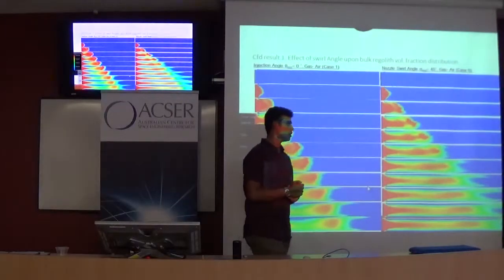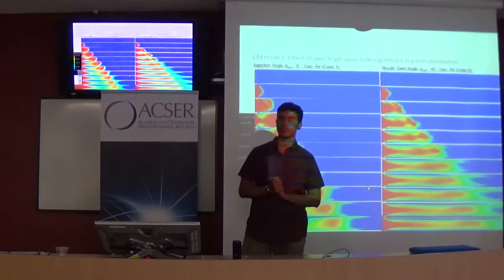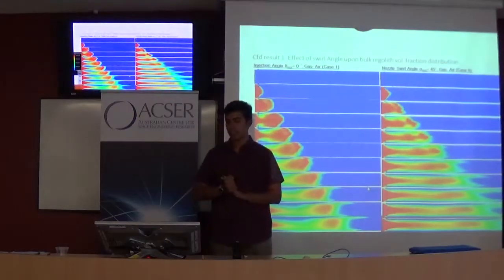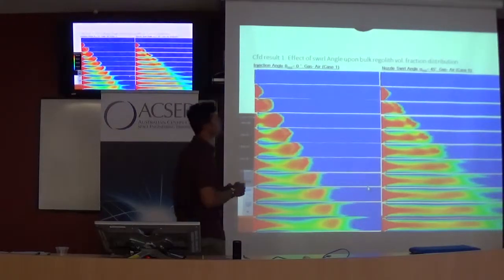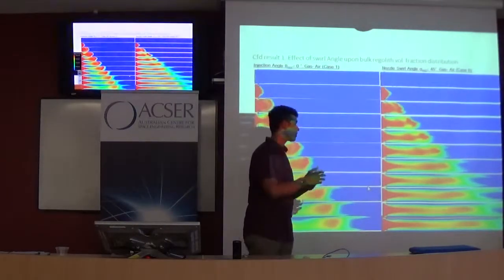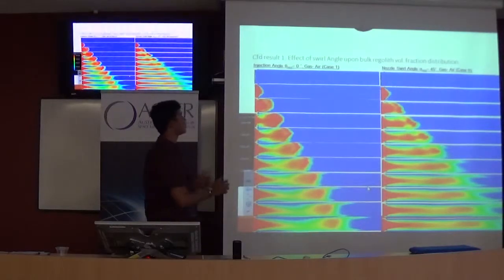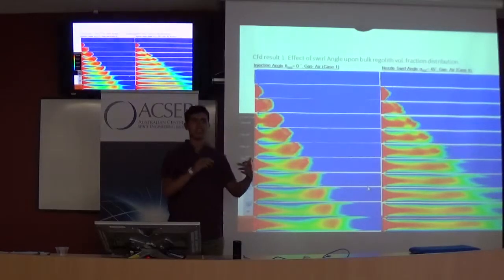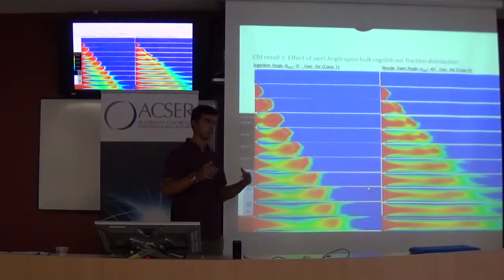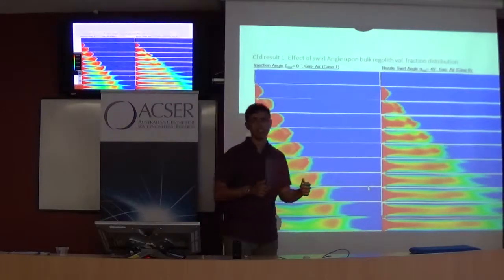I used the ANSYS Fluent package for the modeling part, and what you see over here is a comparison of two different candidate nozzles. One of them has 0 degrees, so it's a control case, basically what we started off with, where you don't have any angles, you just have flow coming in, and the other has a swirl angle of 45 degrees.